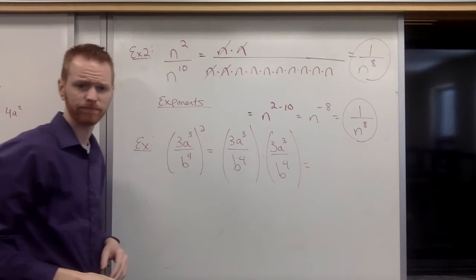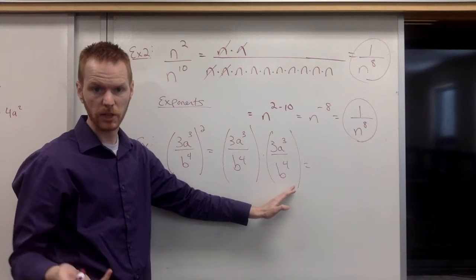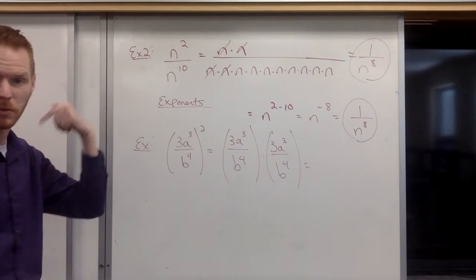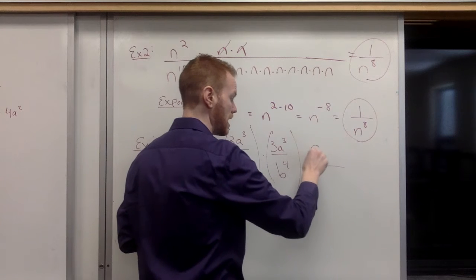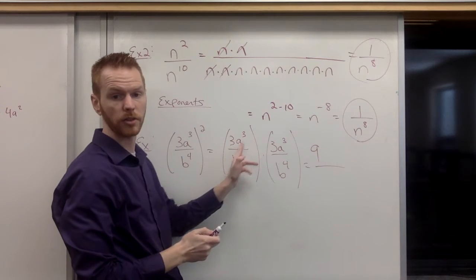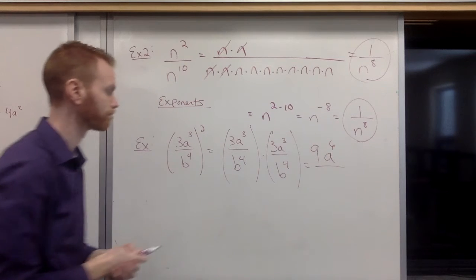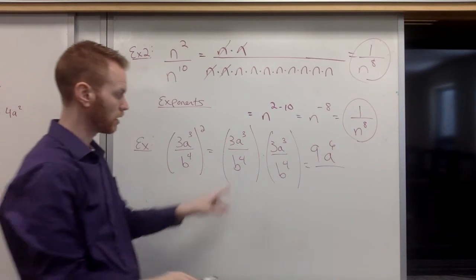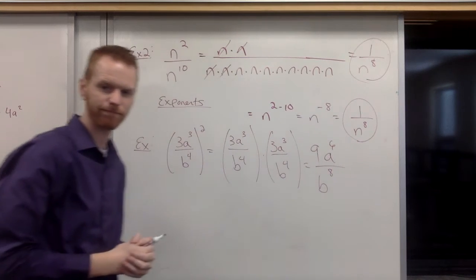Okay? Multiplying these using some exponential rules and just based on what we just did previously. 3 times 3 gives me a 9. A to the 3rd times a to the 3rd would be a to the 6th power. B to the 4th times b to the 4th would be b to the 8th power. There's my final answer.